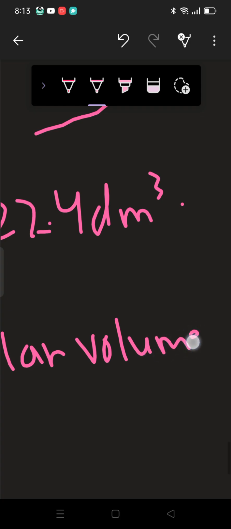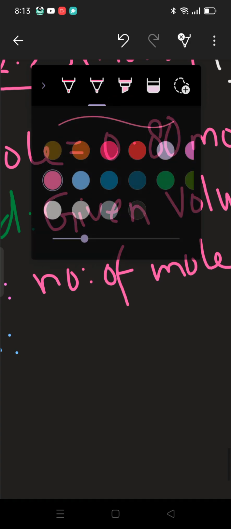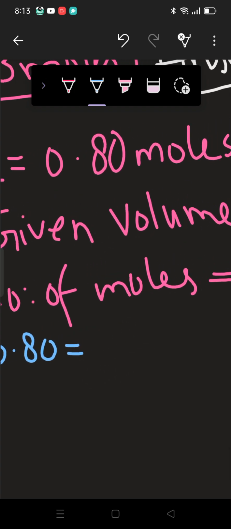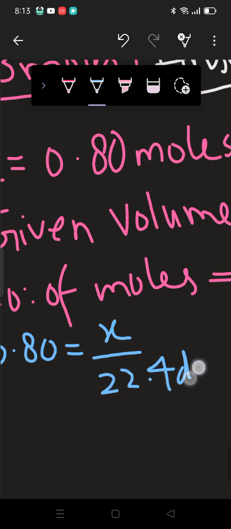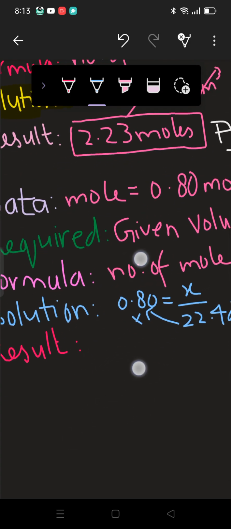Now let's substitute the values. We know that the number of mole they have already given us in the question, and that is 0.80, is equal to the given volume we are finding. So instead of given volume, let that given volume be x. And molar volume of any gas at STP is 22.4 dm cube. This is dividing here. When it goes there, it will be multiplied.